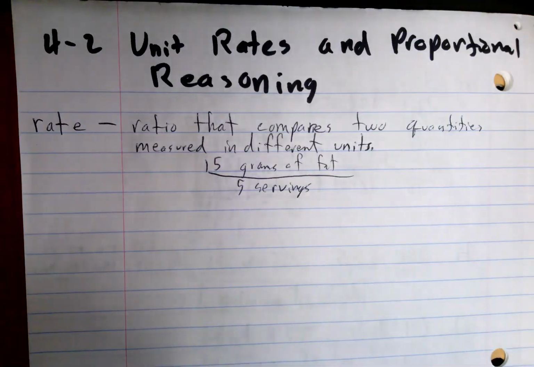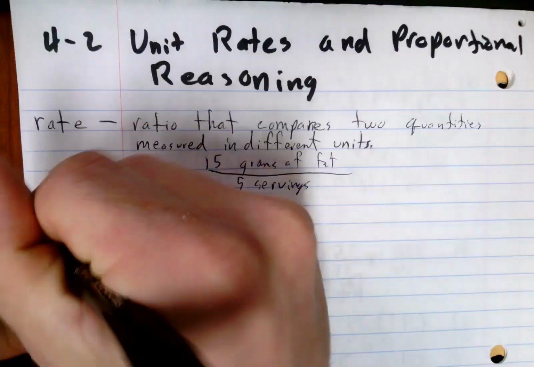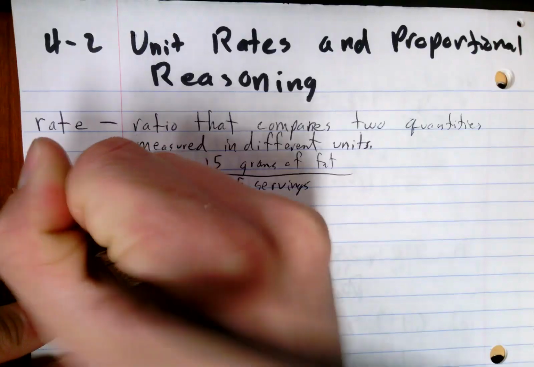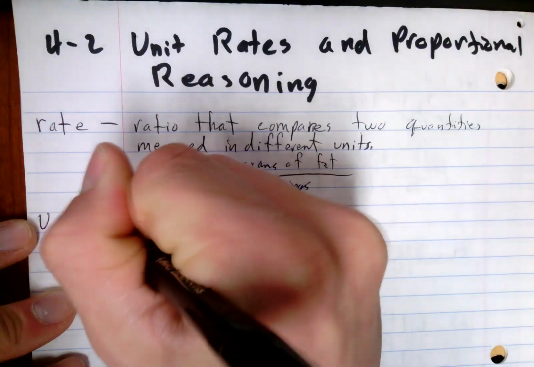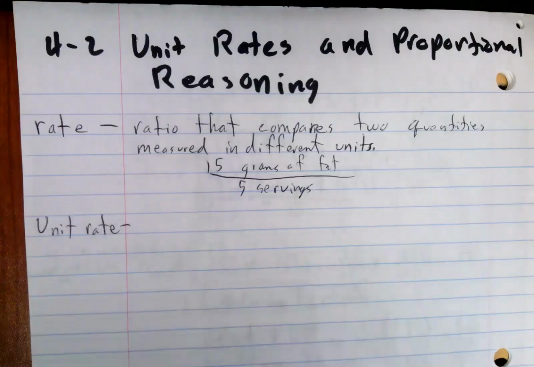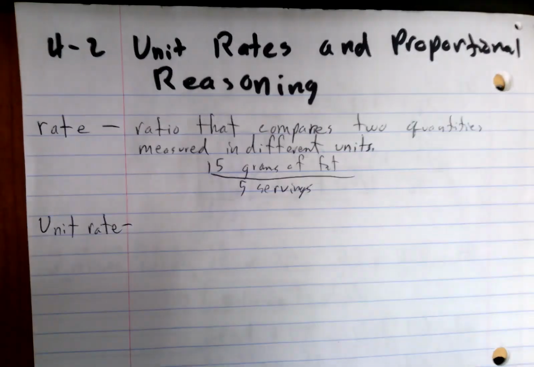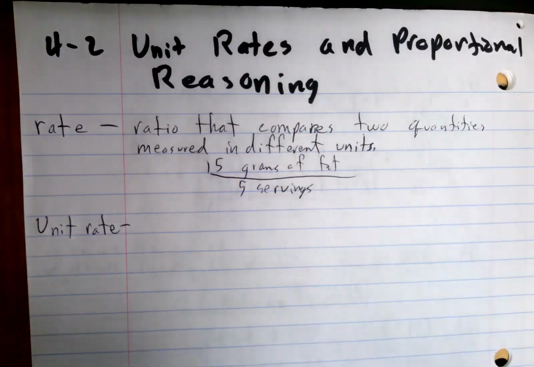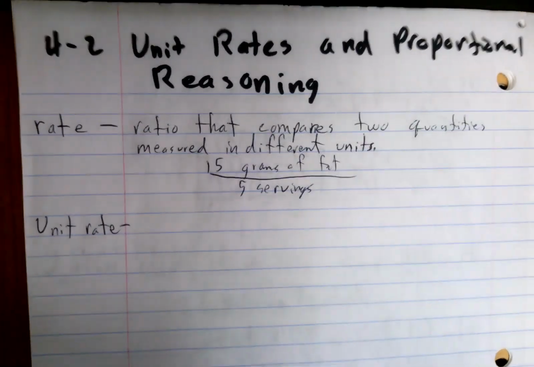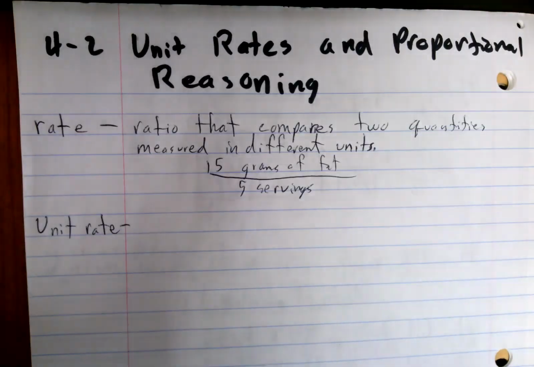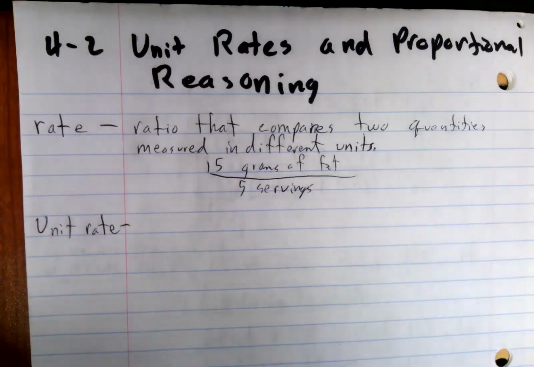Okay, so a rate is a ratio that compares two quantities measured in different units. The rate for 1 unit of a given quantity is the unit rate. So a rate would be 10 miles for 2 hours. A unit rate would be 5 miles per hour, 1 hour.